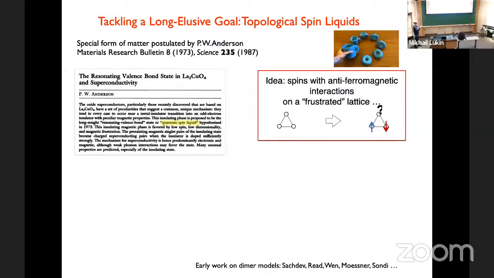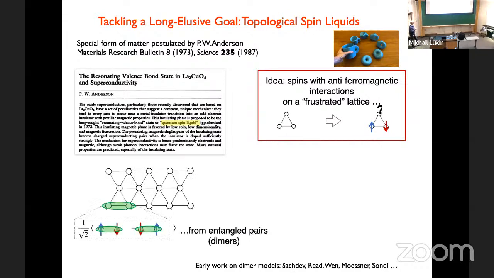You would like to put this spin up, for example, then this spin should be down, but where do you put the third spin? You don't know whether to put it up or down. What people theorized is that in systems like this, the spins on adjacent sites will form entangled pairs like singlet states, called dimers.